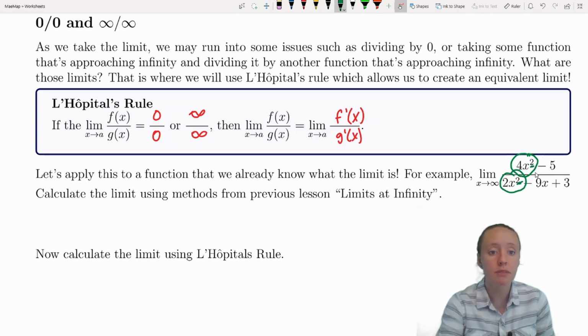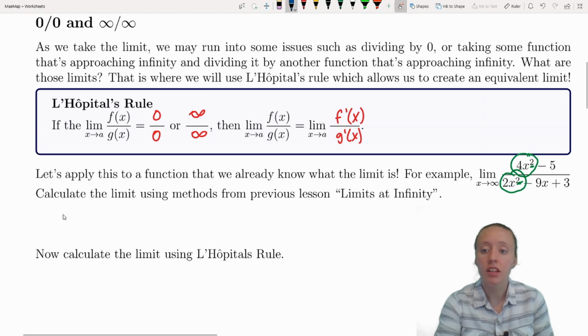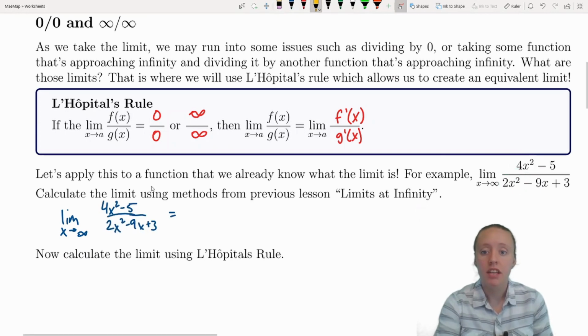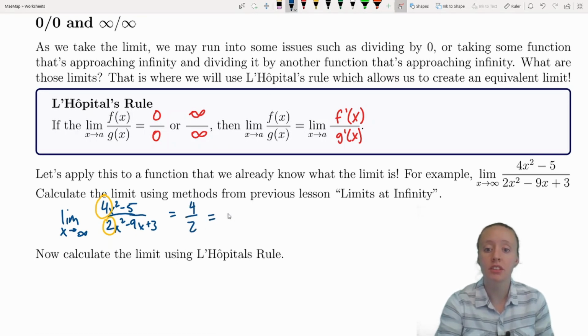Because those degrees match, the limit as x approaches infinity of 4x squared minus 5 over 2x squared minus 9x plus 3 is going to be equal to taking those coefficients of those highest degrees, 4 over 2, which is equivalent to 2.